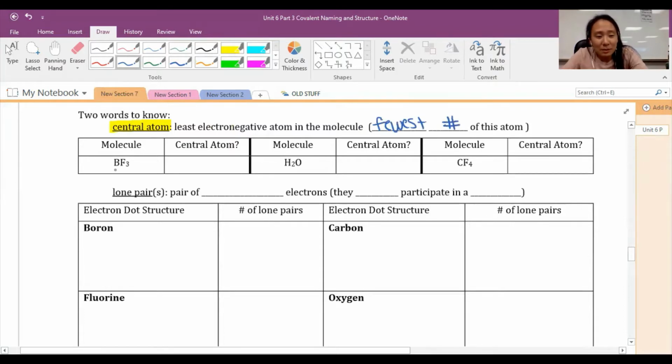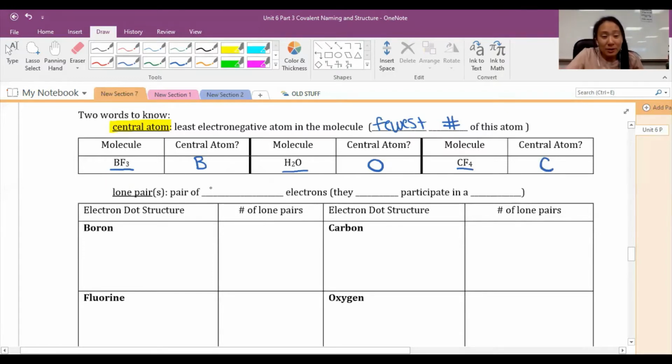So basically, if you see BF3, which element do you see less of? B, then that has to go in the middle, okay? Like H2O, there's 2 hydrogens and 1 oxygen. That means oxygen has to go in the middle. We call it the central atom. CF4, there's only 1 carbon, 4 fluorines, so carbon has to go in the center, the middle, okay?